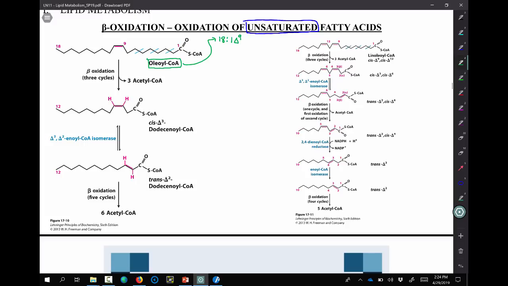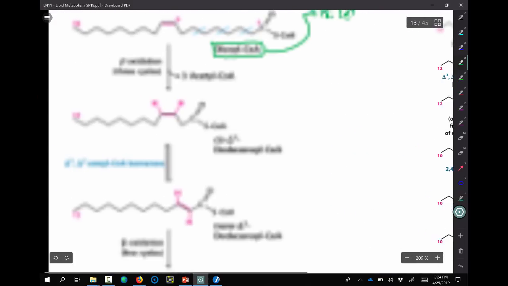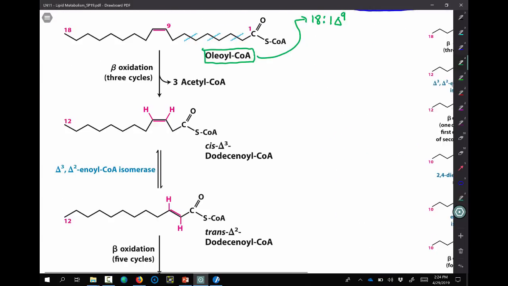Okay, so let me go ahead and focus in on this over here. What you see here is this. The first 3 rounds of beta oxidation, or cycles of beta oxidation, will be identical to what we just talked about. Redox, hydration, redox, cleavage. And that will make then 3 acetyl-CoAs. And it will make the NADH and FADH2s as well.